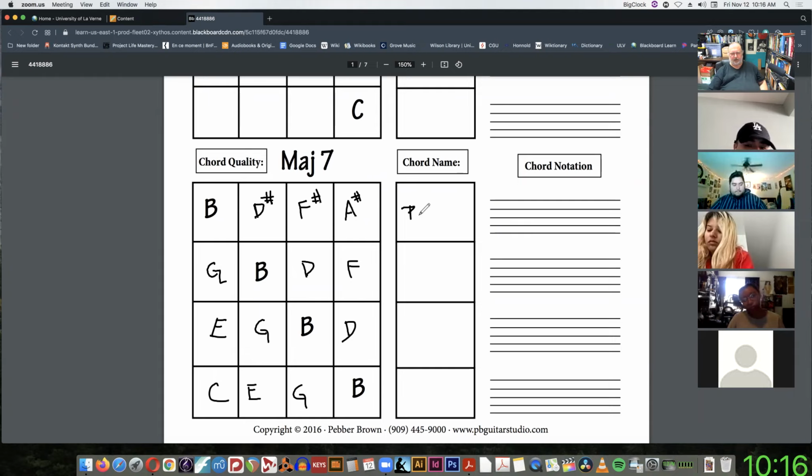Now, for modern people, we can use triangle 7 if we want, or B major 7. We don't want to use B M7. That's just for this class. I can't stand it when those are written because too many musicians will mistake that for a minor.